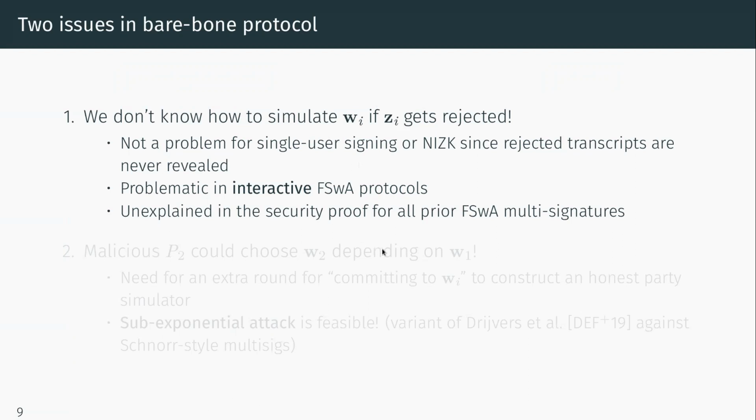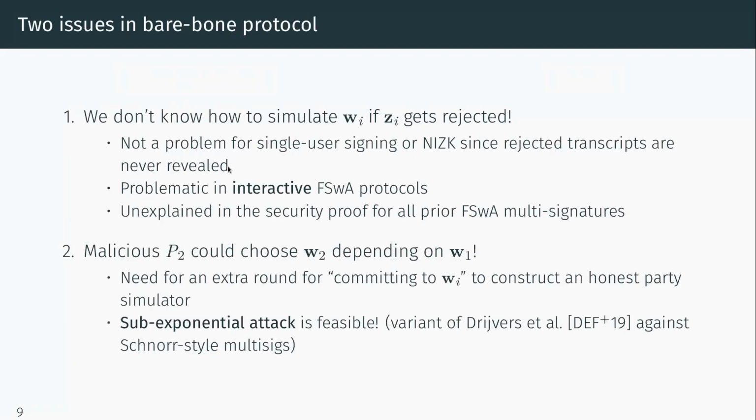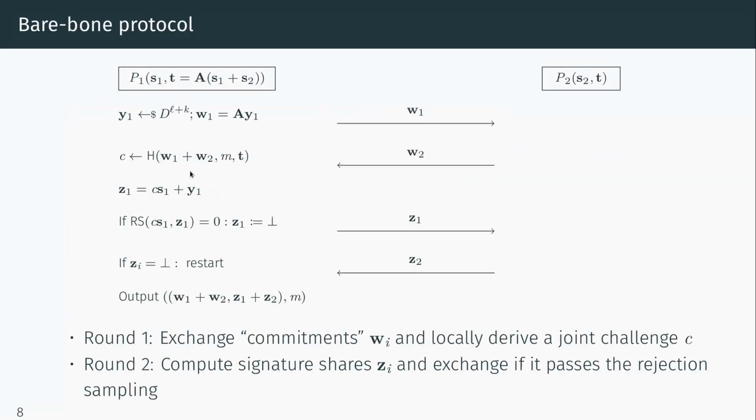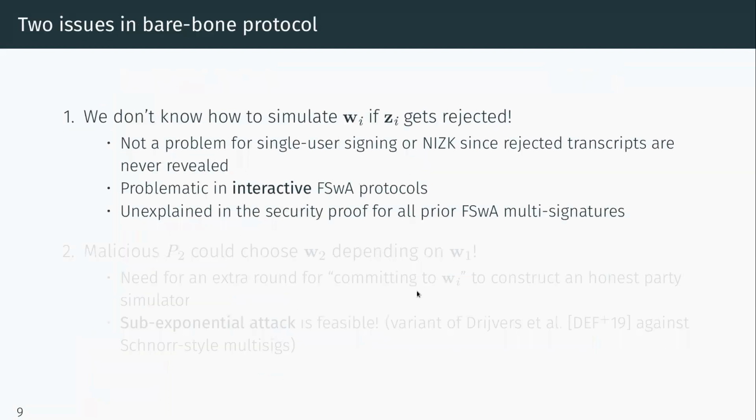So this is why we want to add a commitment, and especially it's important to have a homomorphic commitment, because here we are relying on the homomorphism of W1 and W2. Of course, if you simply send the hash of W1 or W2, then you can't add them up. So instead, we really need a homomorphic property here. I hope this answers your question.